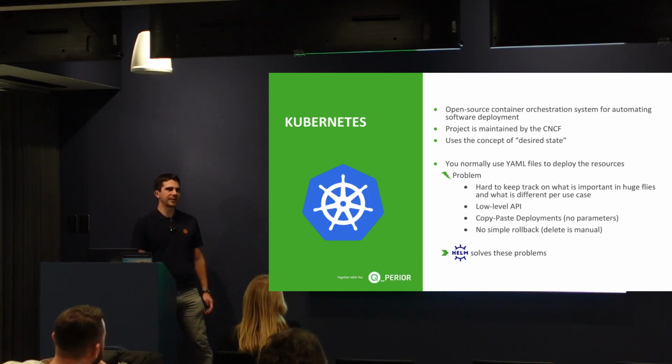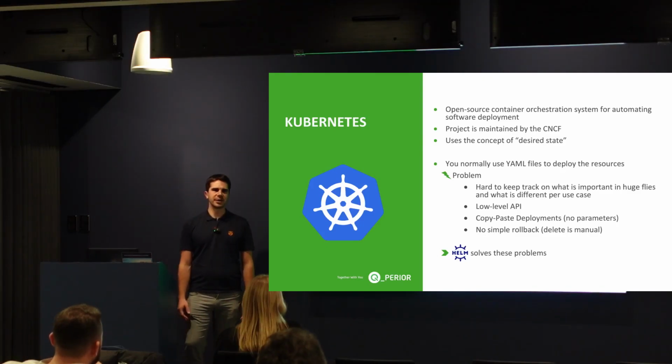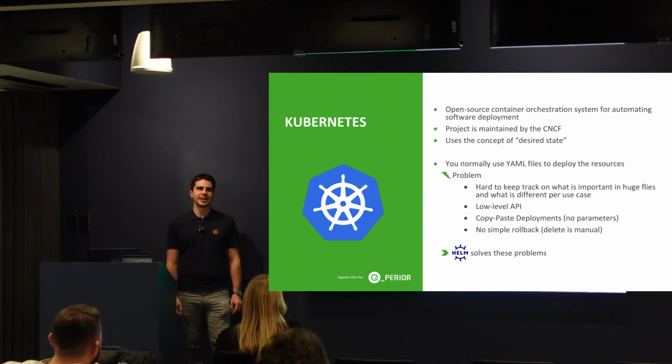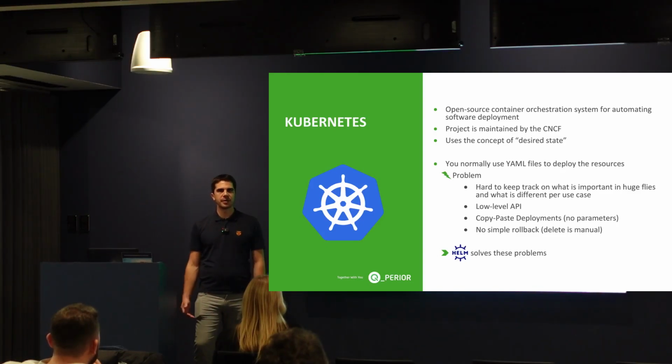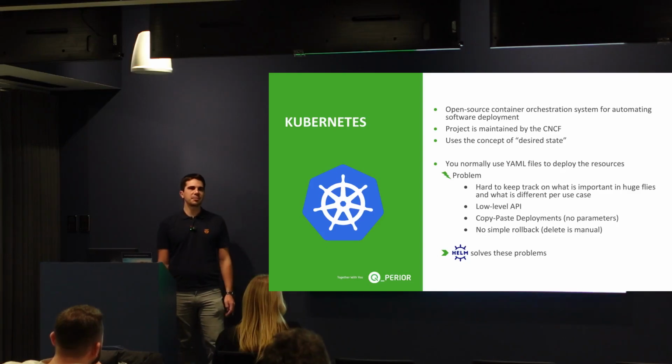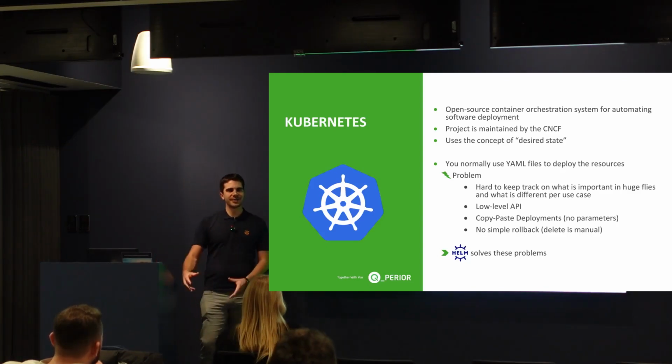The problem is that they get hard to read really fast, because you have many of these files and they get longer and longer because they are a little bit low level, but that's mainly the case because Kubernetes is so powerful and you can configure so many things. And what I sometimes saw is that people copy-paste these resources.